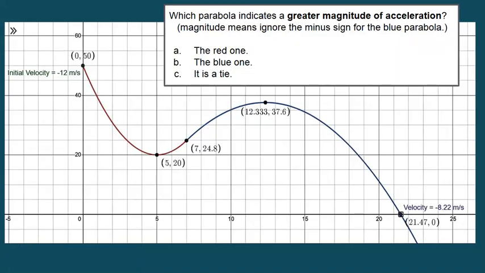Okay, this question connects back to the fan cart lab that we did. We've got a red parabola connected with a blue parabola. Which of these parabolas indicates a greater magnitude of acceleration? What you have is a cart that's going backwards, but the fan is on, slowing it down.